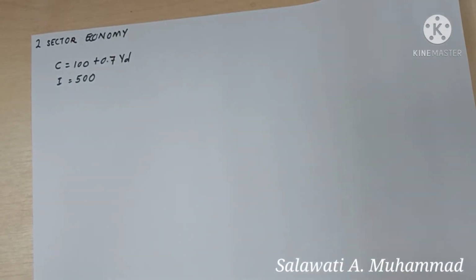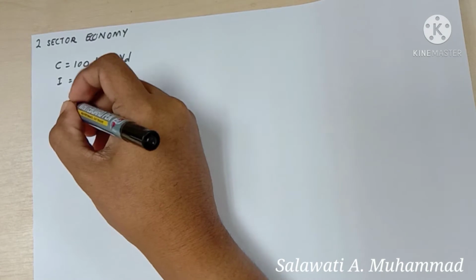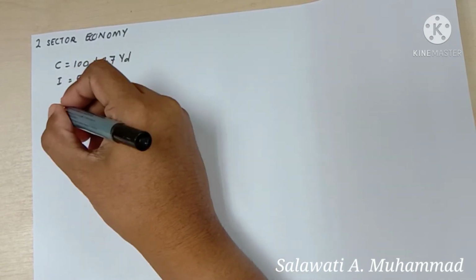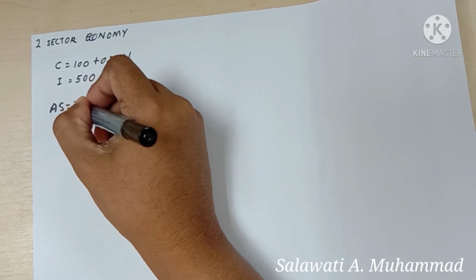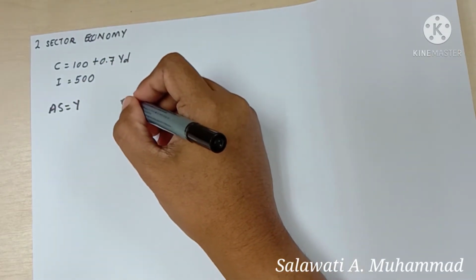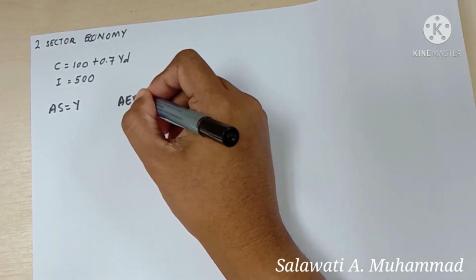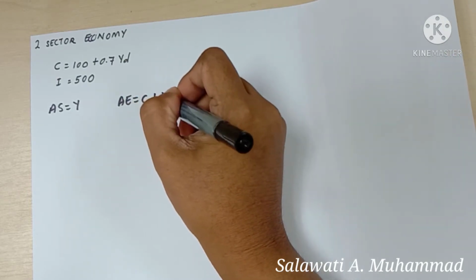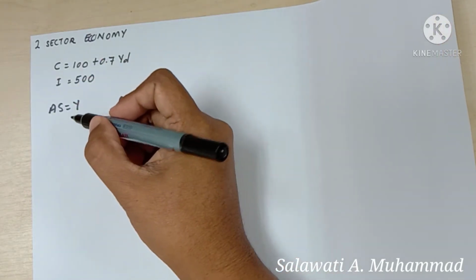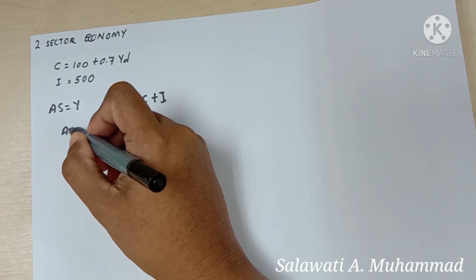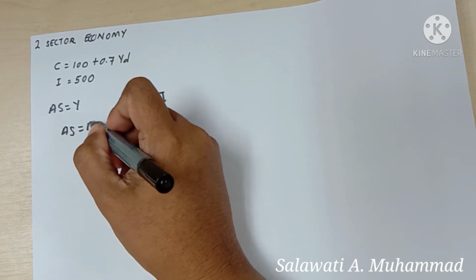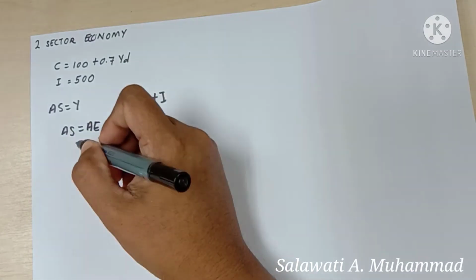So we start with the base equation. In a two-sector economy, AS will equal Y, while AE is C plus I. By using the AS-AE approach, we need to settle this equation.